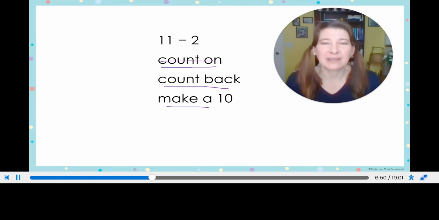This time, it makes more sense to count back. When your part, in this case the 2, is small, it's easier to count back. So let's go ahead and do that. We're thinking 11 in our heads, and then we're going to count backwards 2. So 10, 9. 11 minus 2 equals 9.